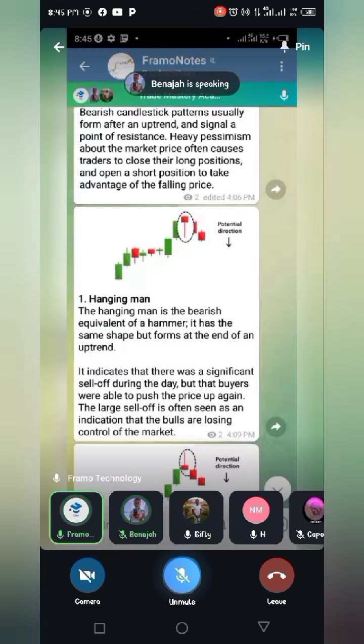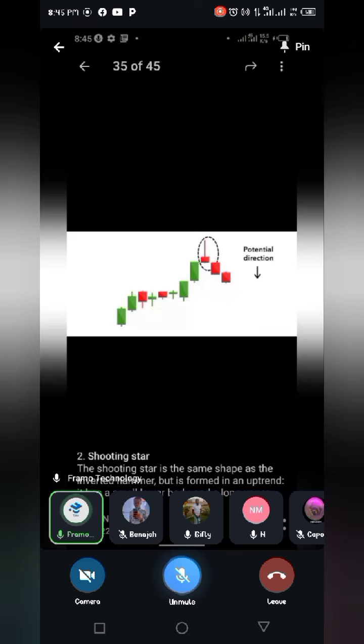Now we have an inverted hammer. Its opposite is right here. It was also formed on top of an uptrend. But then here we call it shooting star. It's like the tail is shooting something in the air. Because it is the opposite, I don't want to explain the nature of the candles.